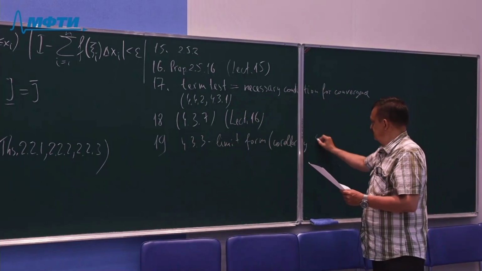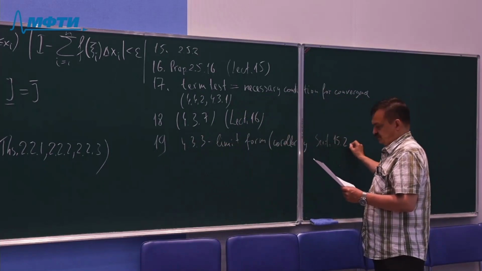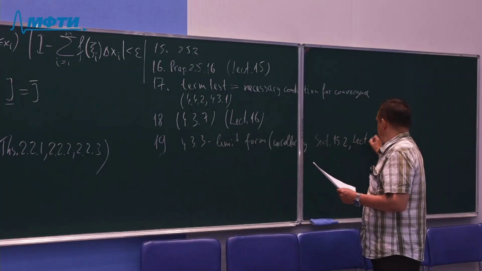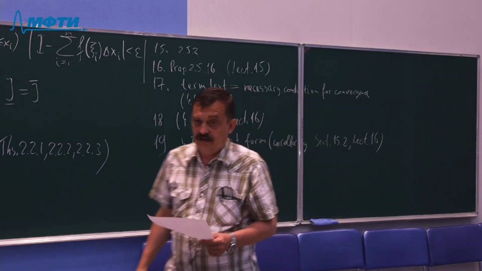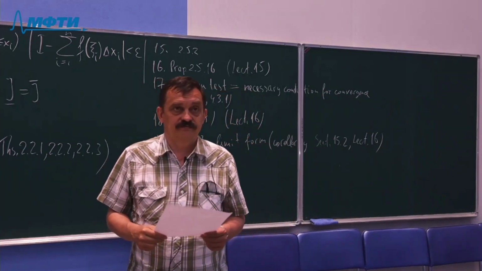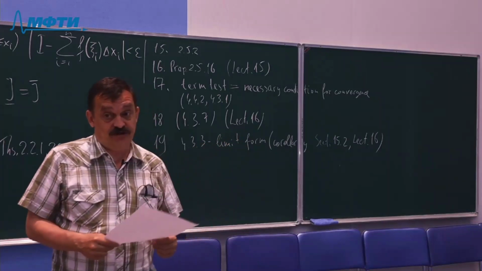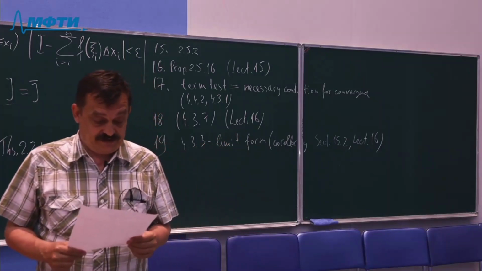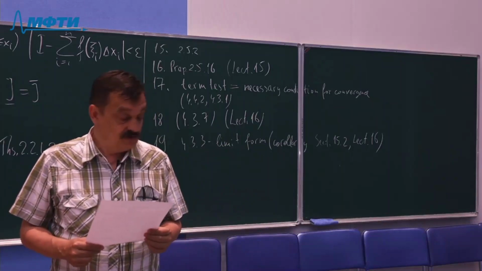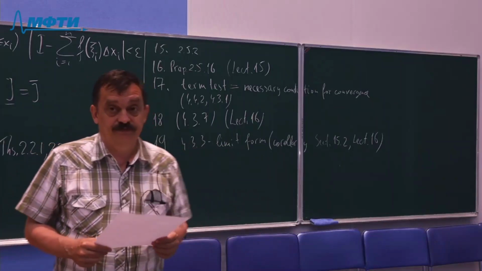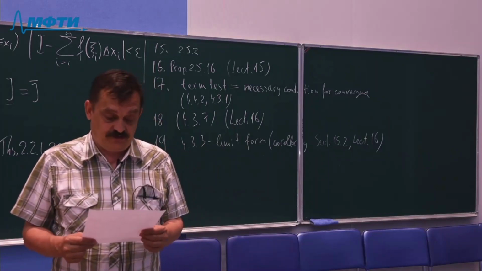So it was section 15.2 from lecture 16. I recommend to you to remember more general form of D'Alembert test. But of course, also you should know limit form, which is given in lecture notes as well, as a particular case.